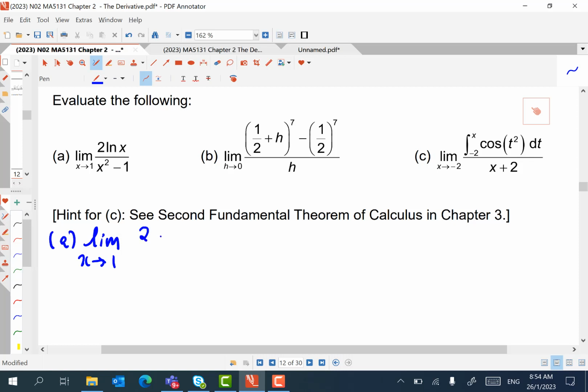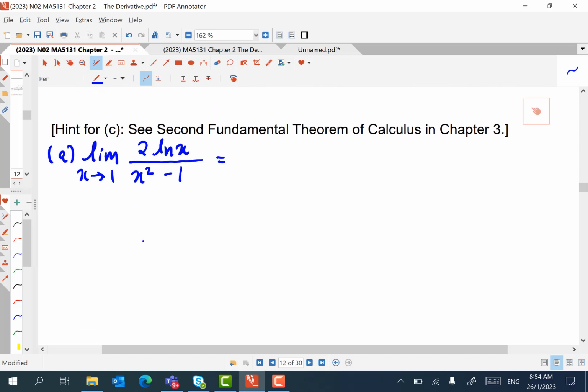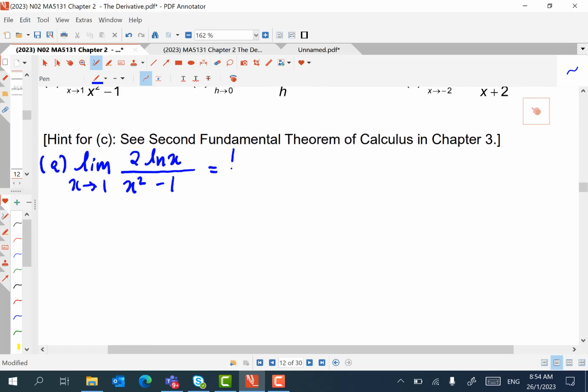Okay, 2 ln x over x minus 1. To do this one, the limit as x goes towards 1, there are different ways of going about it, you know.